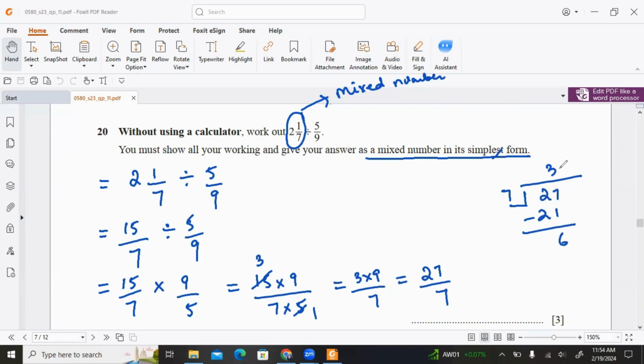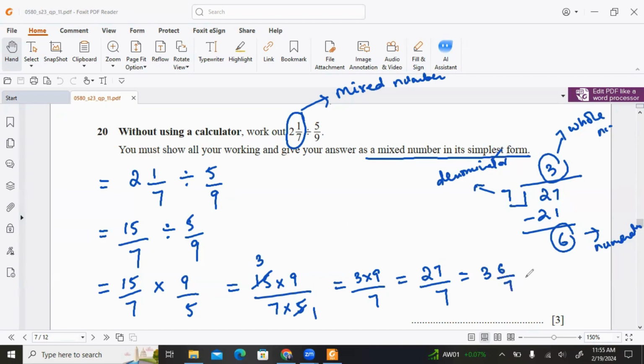So this is going to be your whole number, this is going to be numerator, and this is your denominator, which means 3 whole number 6/7. That is your answer for this. And this is in its simplest form. We cannot further simplify it.